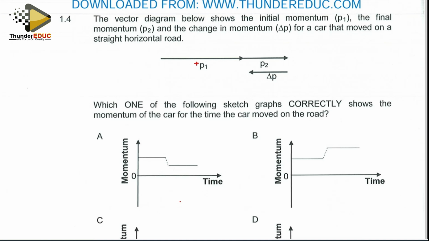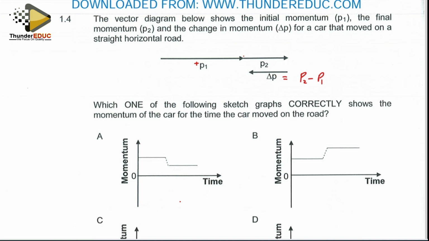And if we look at P2, we're seeing a slightly smaller momentum compared to P1. Remember, to get the change in momentum, it will be P2 minus P1. And since P2 is smaller than P1, that's why the direction is opposite.